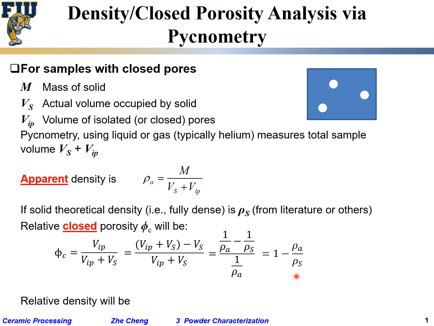Okay? The relative density will just be the apparent density divided by real density, or 1 minus closed porosity. Make sense? Relative density is 1 minus closed porosity. That seems obvious. Okay? Let's stop here.